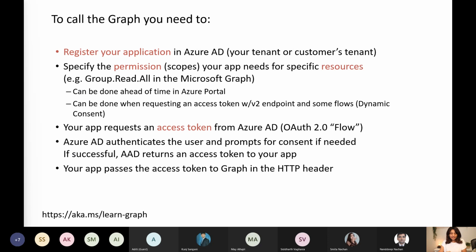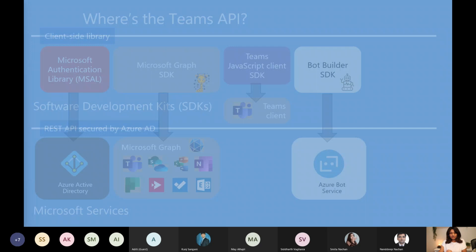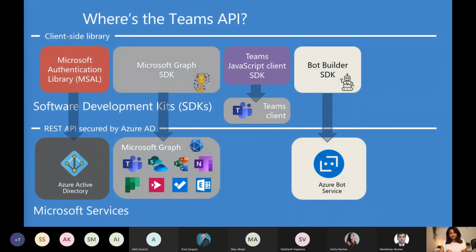Now, since we're talking about APIs, there is a little chart I want to show you, where there are these SDKs and things. It gets really confusing, even for seasoned developers, because there are so many things available. For any Active Directory authentication, you can use the client-side library MSAL.